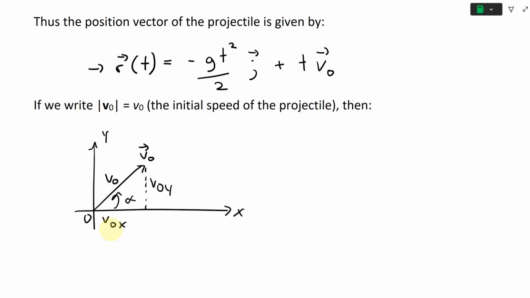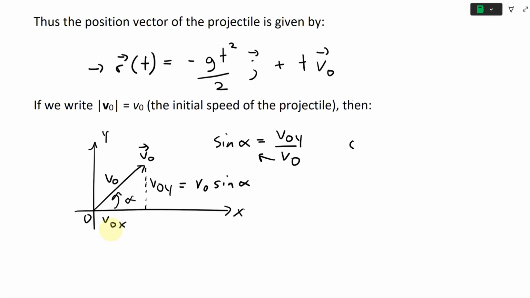Again, using basic trigonometry, we know sine alpha is equal to the opposite, v naught y component, over the hypotenuse, which is just the magnitude, v naught. Then move it over to the other side, so v naught y equals v naught sine alpha.